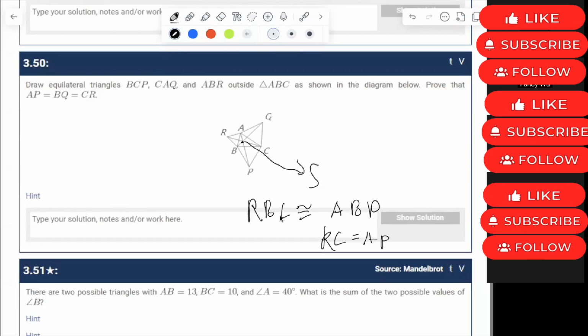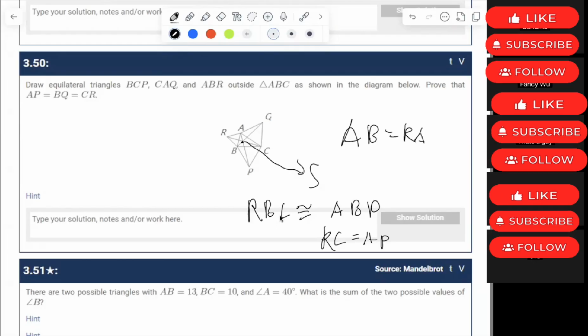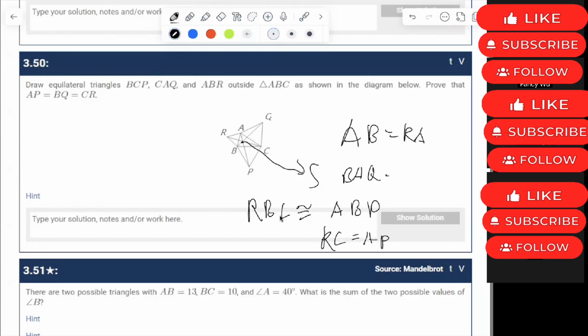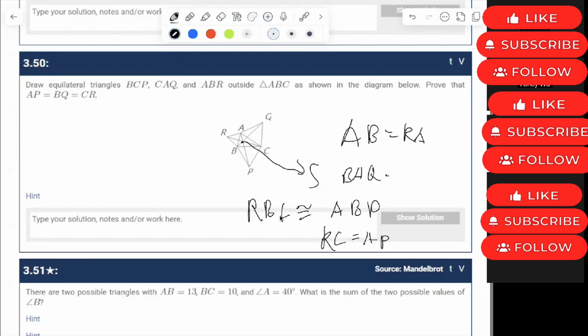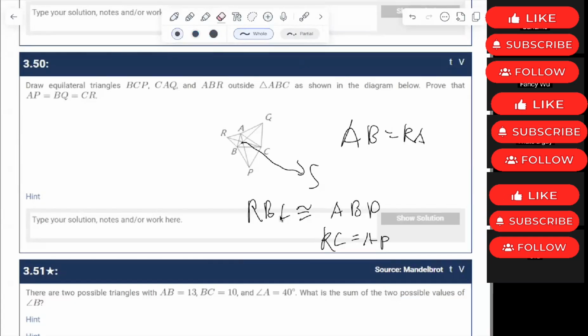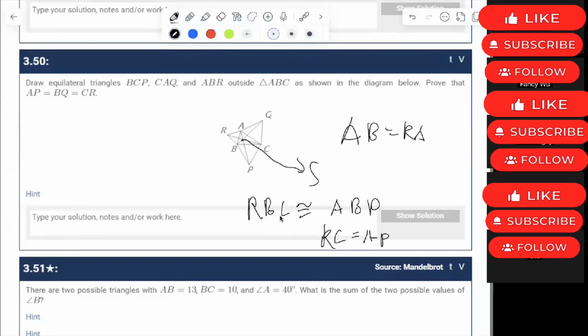And similarly, you have AB is equal to RA. And BAQ is equal to BAC plus CAQ, which is equal to BAC plus RAB. This is basically doing the exact same method to the two other triangles. You get AC is equal to AQ, and then RC is equal to BQ.